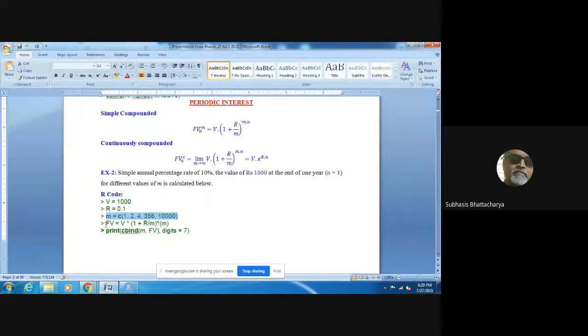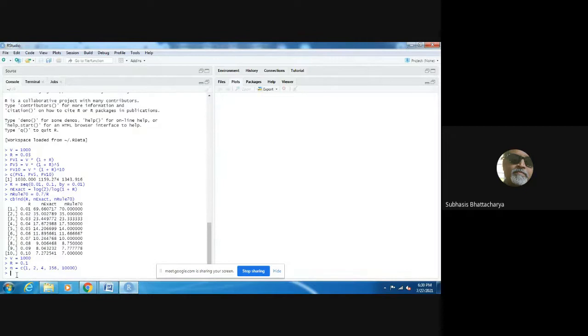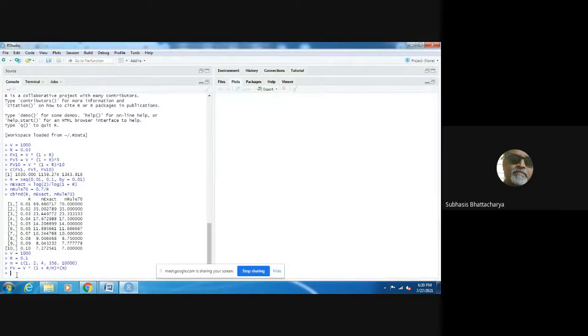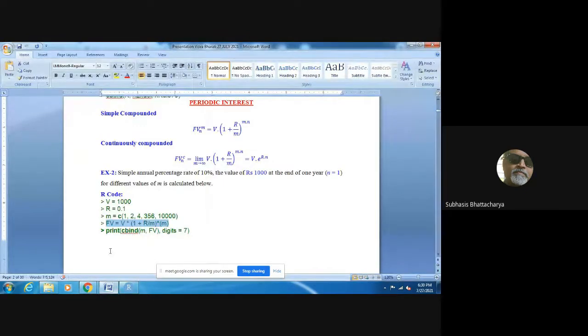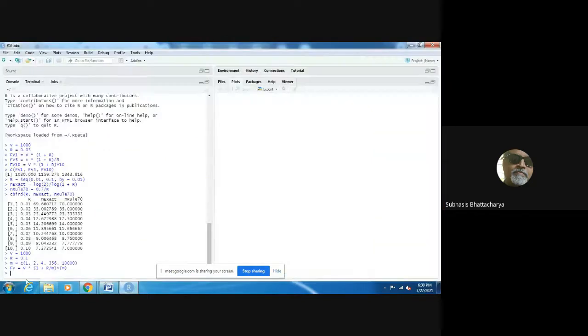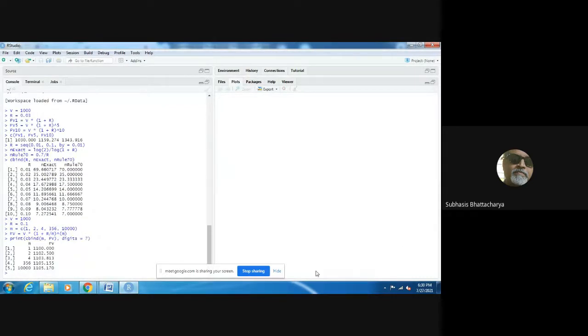And we calculate this as simple compounded. These are the future values.